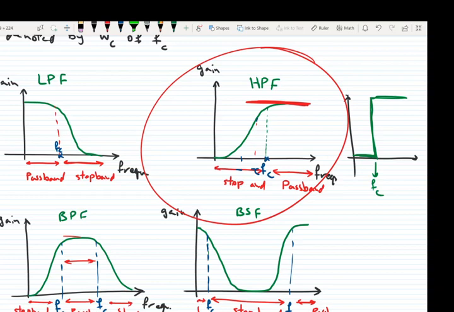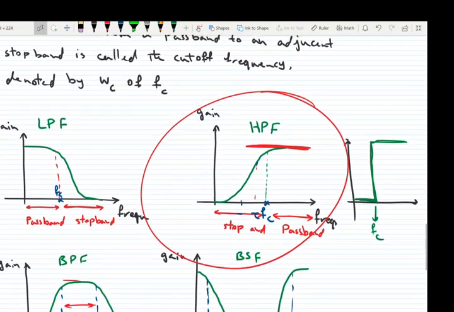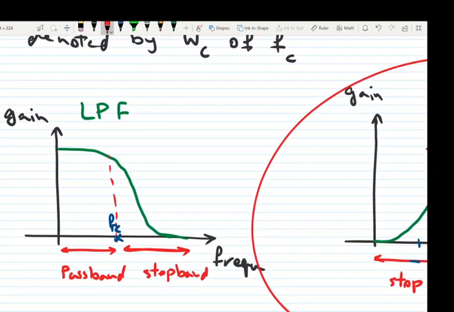Okay, so let's go ahead and determine the different cutoff frequencies. By the way, let me show you an example. Here, if this one is the cutoff frequency, then this gain should be equal to 1 over square root of 2 times the maximum value, which we call max.